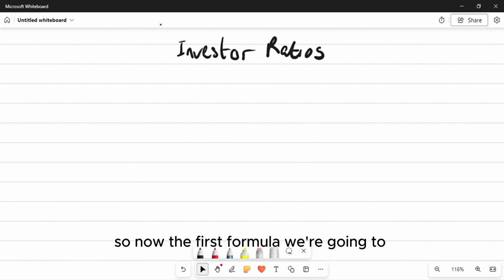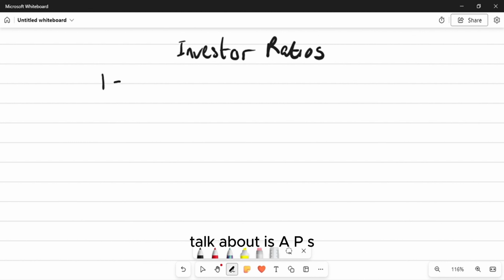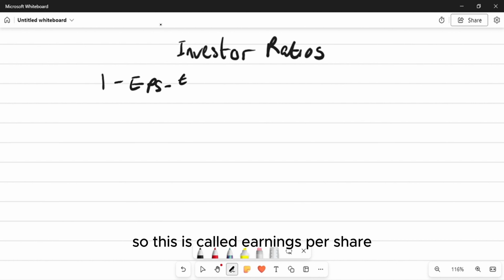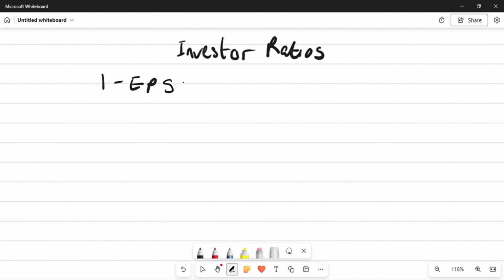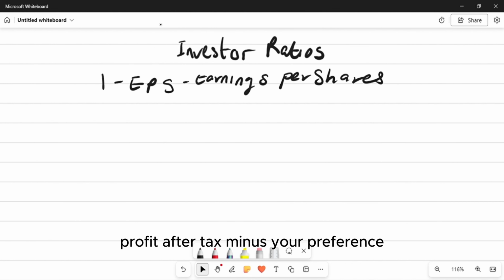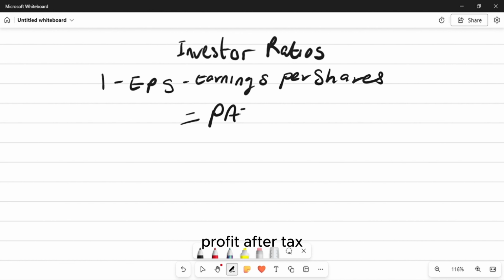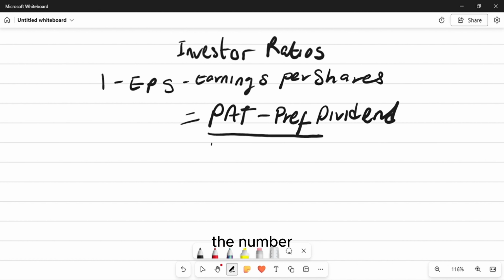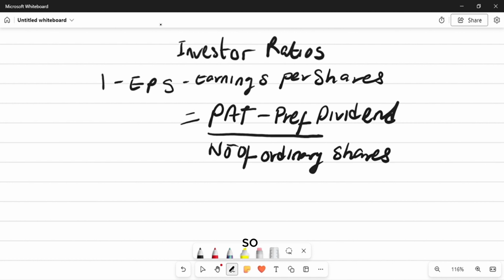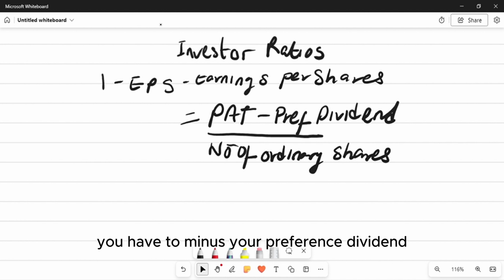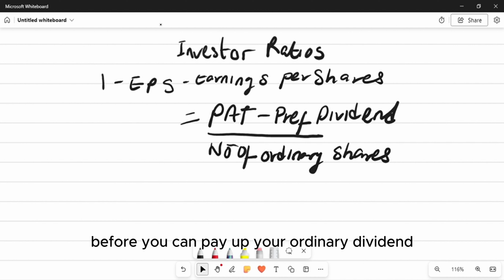So the first formula we're going to talk about is EPS, which is called earnings per share. The formula for EPS is profit after tax minus your preference dividend, divided by your number of ordinary shares. Remember, after getting your profit after tax, you have to minus your preference dividend before you can pay your ordinary dividend.